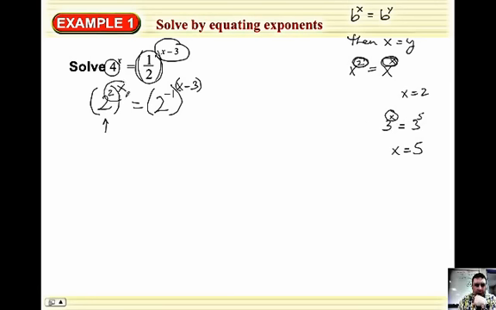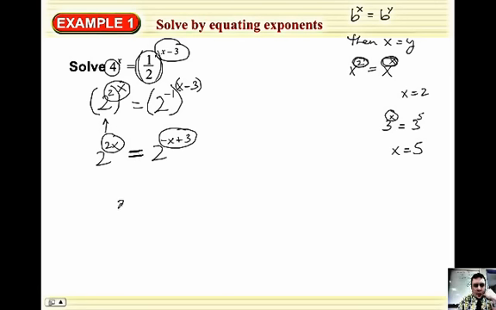These two exponents have to be the same. So let's rewrite it. 2 to the 2x is equal to 2 to the, if I multiply this, negative x plus 3.